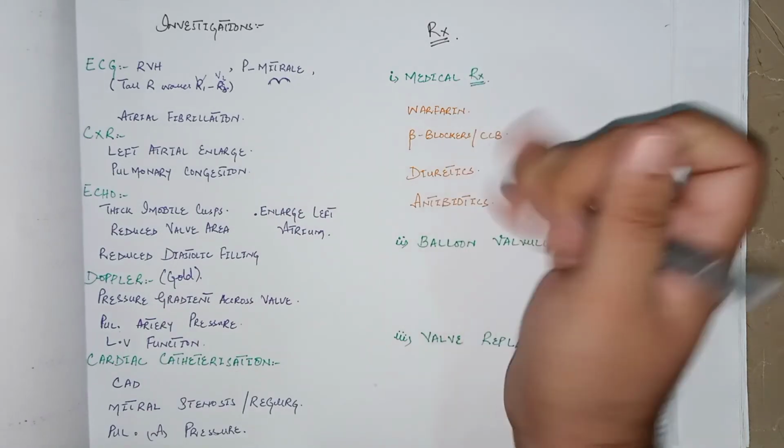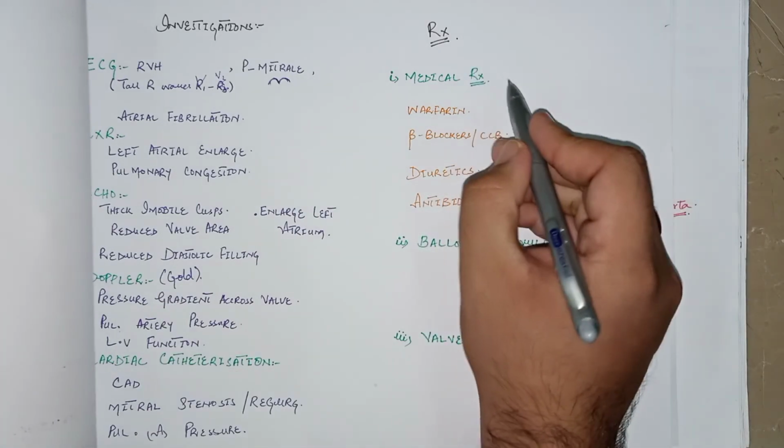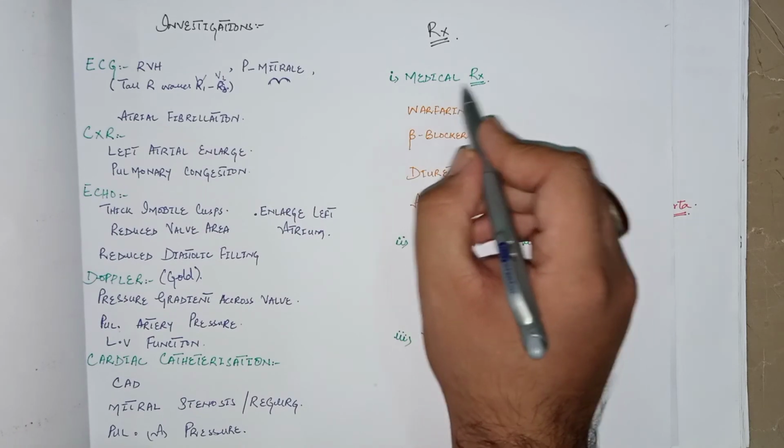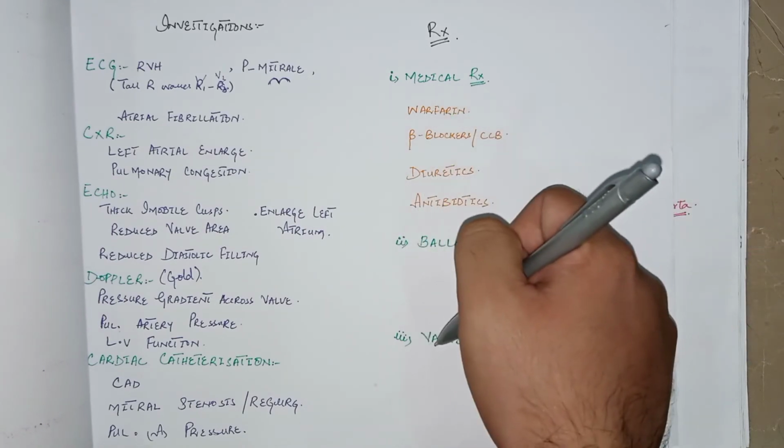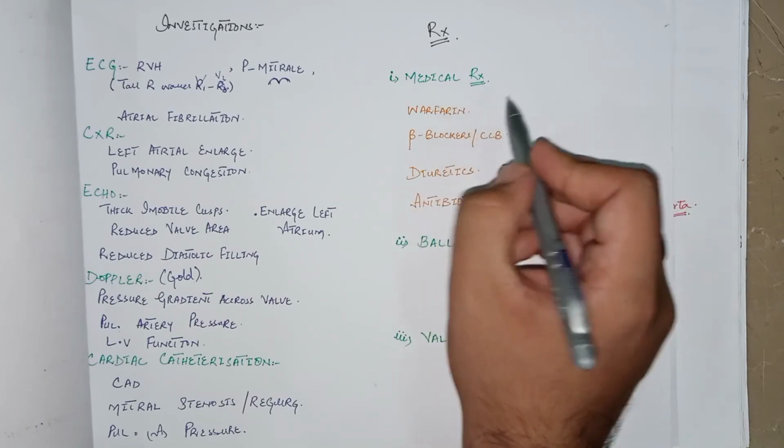Now come to the last but not least, the management of mitral stenosis, which includes medical management in asymptomatic individuals, and in symptomatic individuals the surgical options are there. The medical management includes warfarin.